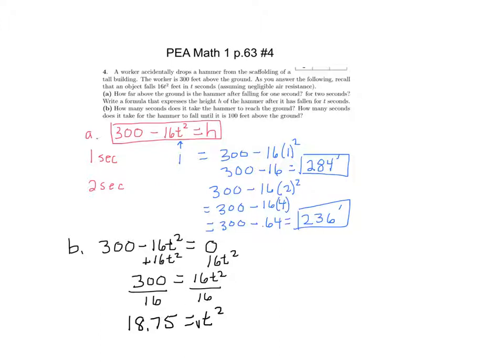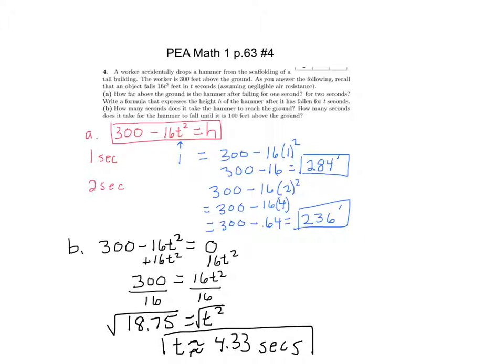And now we could square root that, and then t would equal the square root of 18.75, which is about 4.33 seconds until it hits the ground.